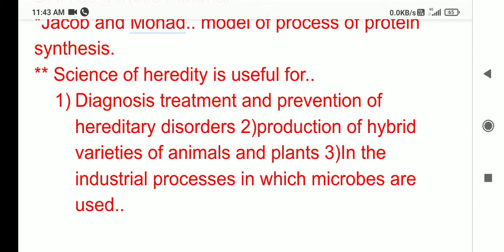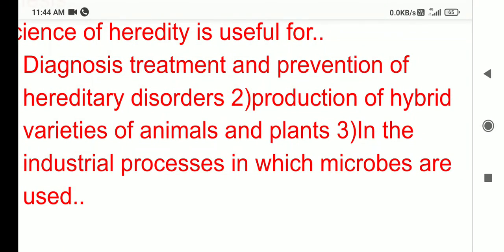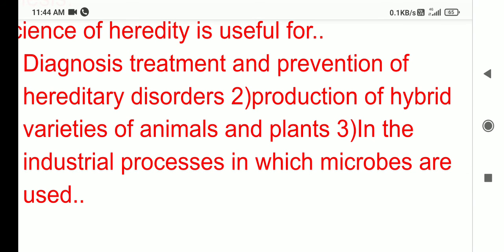We must learn the science of heredity. That is because the science of heredity is useful for diagnosis, treatment and prevention of hereditary disorders. Second, production of hybrid varieties of animals and plants. We use various types of crops which are hybrid crops, high yielding varieties of crops.